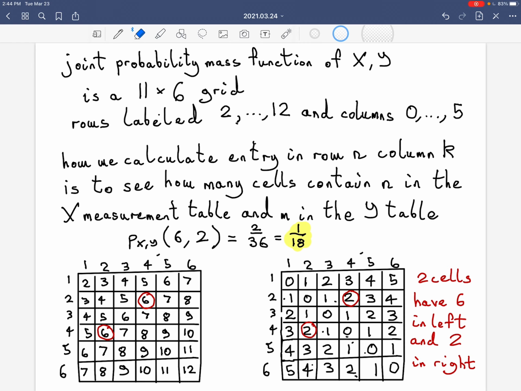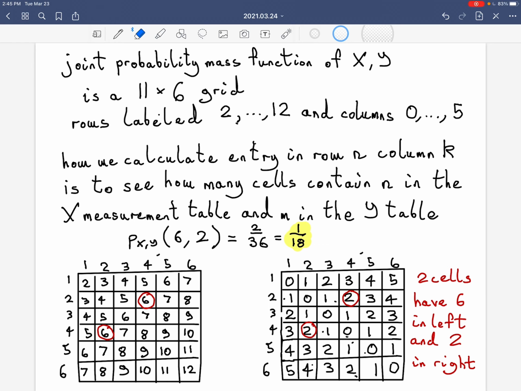So 6, 2 is an example of a possible value pair which could be simultaneously taken by my two random variables. And in order to figure out what I would put in the 6, 2 cell of my table, I look at my measurement data and I see what proportion of the outcomes are simultaneously 6 on the left and 2 on the right.